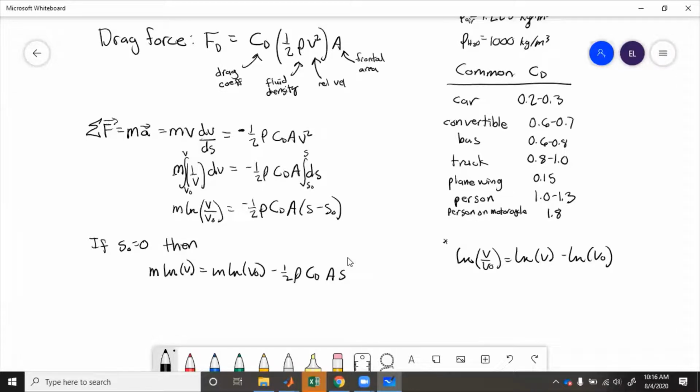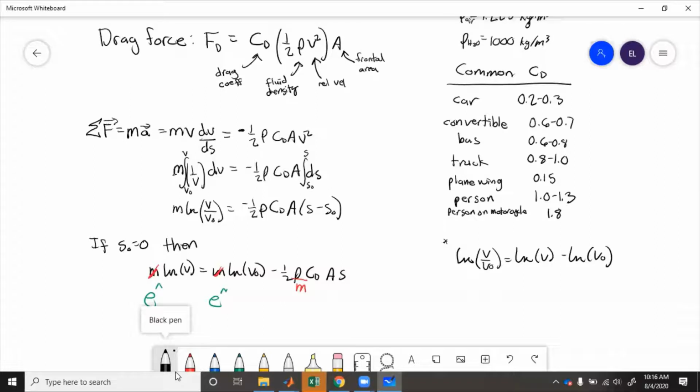So we want to get v by itself, figure out how v is a function of position. So we divide by this. And then the next thing we have to do, if we want to get rid of the natural log, is raise each side as an exponential. So we'll have e to that power, e to that power.